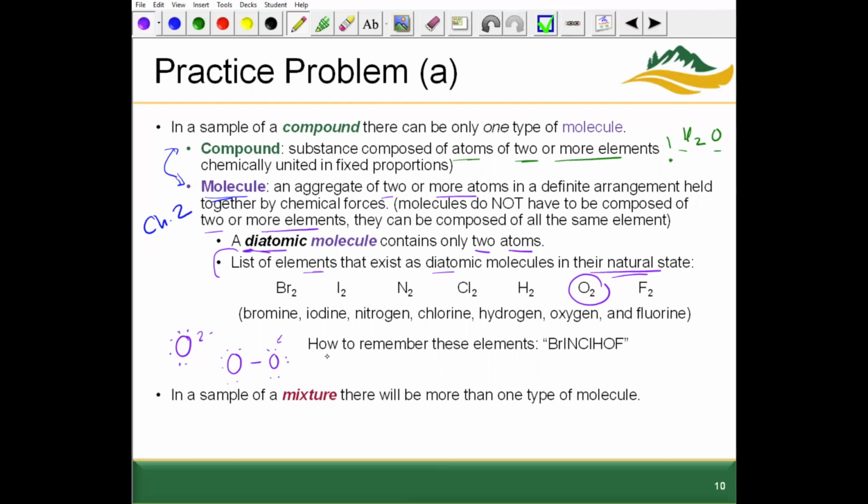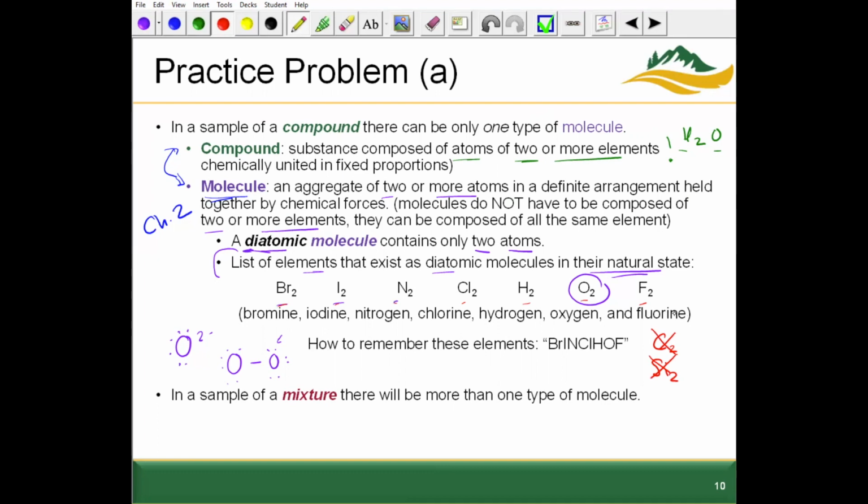So what can get tricky here is knowing that these elements, the ones listed here, do exist as diatomics in their natural state. If they are not listed here, then they can exist as just their single element in nature. So for example, carbon or silicon, you will not see carbon existing as C2 or silicon as Si2. These specific elements, though, do exist as Br2, I2, N2, Cl2, H2, O2, and F2.